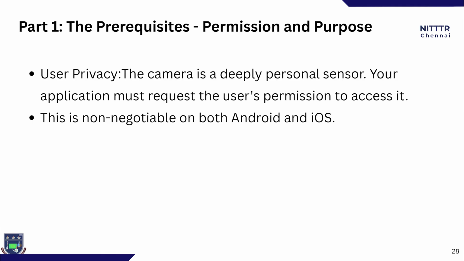Before a single line of code is written, we must address the most critical rule in mobile development. That is user privacy. The camera is a deeply personal sensor. Your applications must request user permission to access it. This is non-negotiable on both Android and iOS devices.